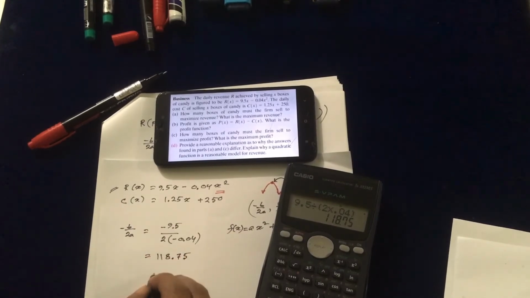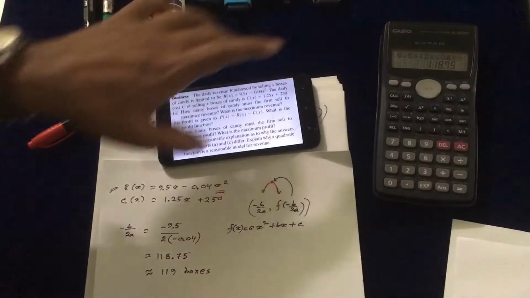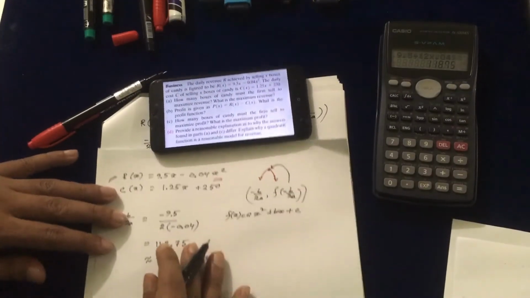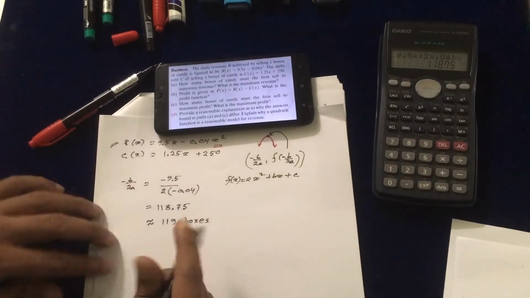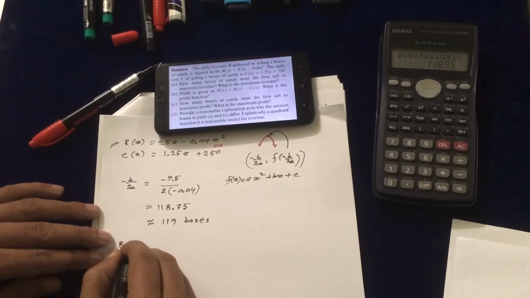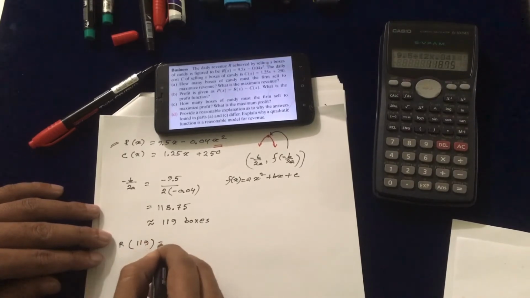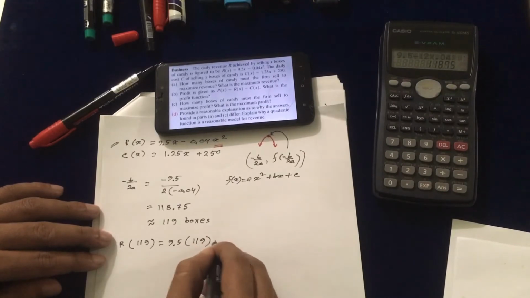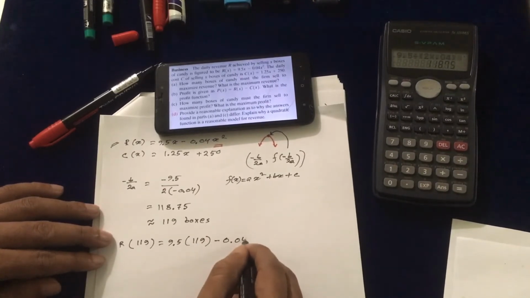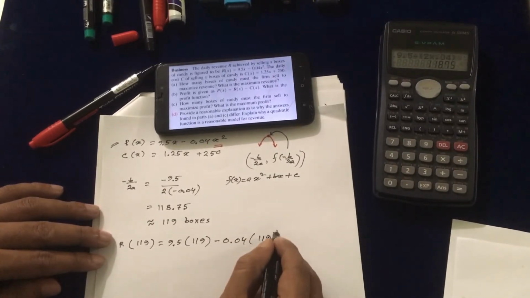Now as it is boxes, we can say this equals 119 boxes. Now to get the maximum revenue, we have to put this in our function. So R of 119 equals 9.5 times 119 minus 0.04 times 119 whole squared.